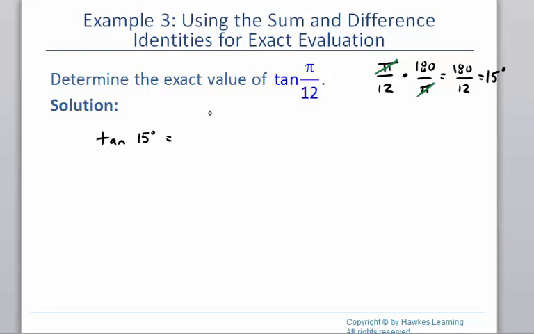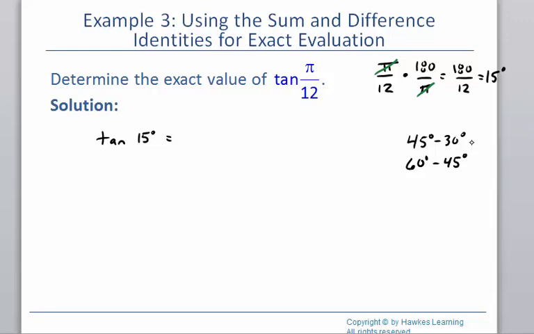Now, we have a couple of different options for tangent of 15. Just kind of thinking about my first quadrant angles, I could do 45 minus 30. I could also do 60 minus 45. And so we do have some choices there as far as how we want to proceed.